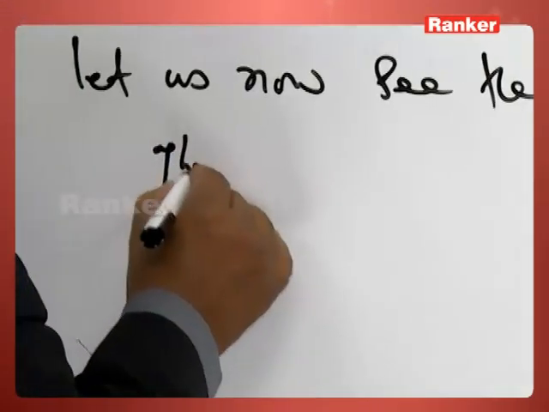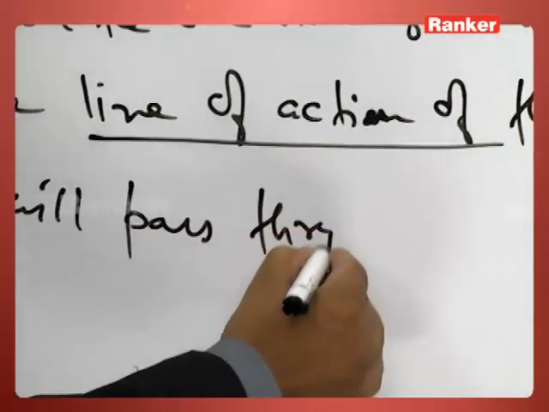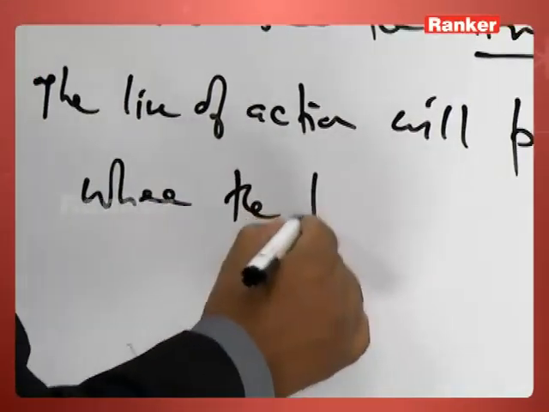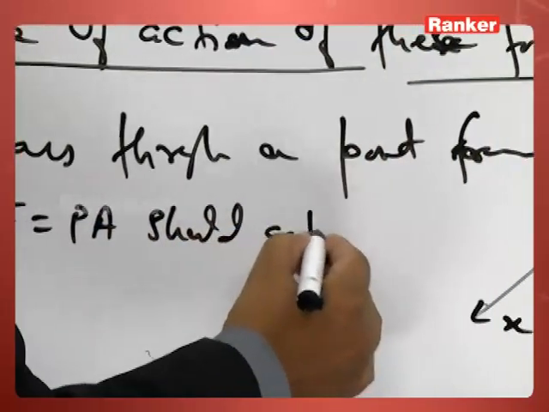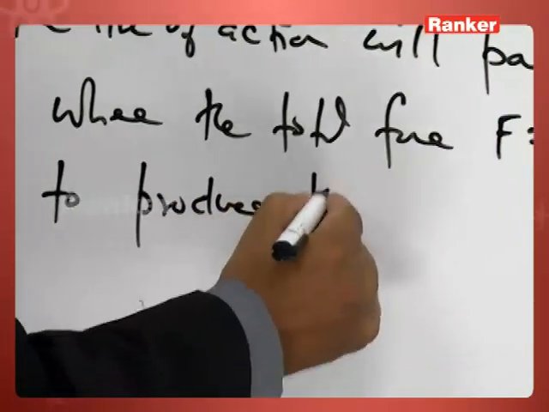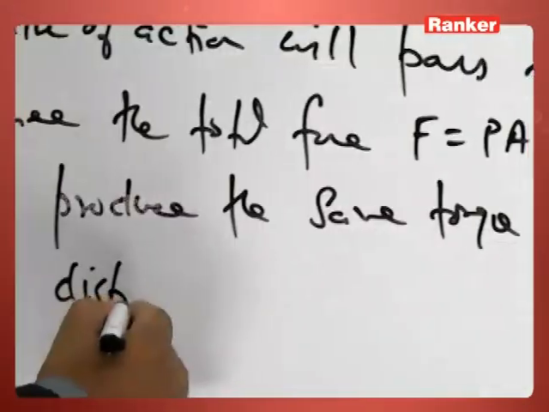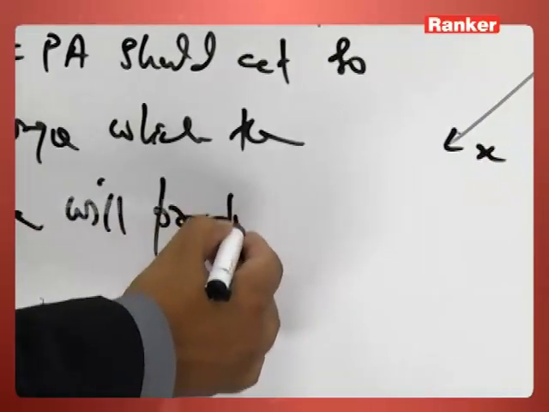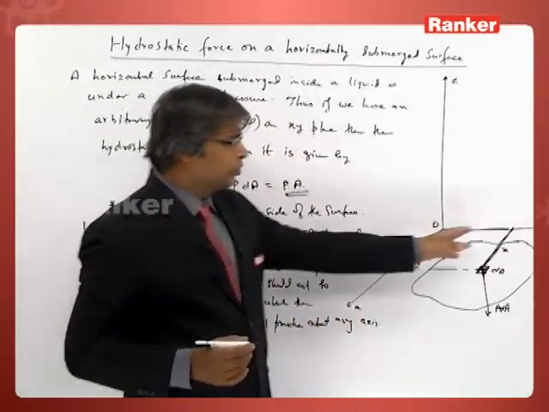So the line of action will pass through a point from where the total force F is equal to PA should act so as to produce the same torque which the distributed force system will produce about any axis. Presently I have taken, suppose, the OY axis.